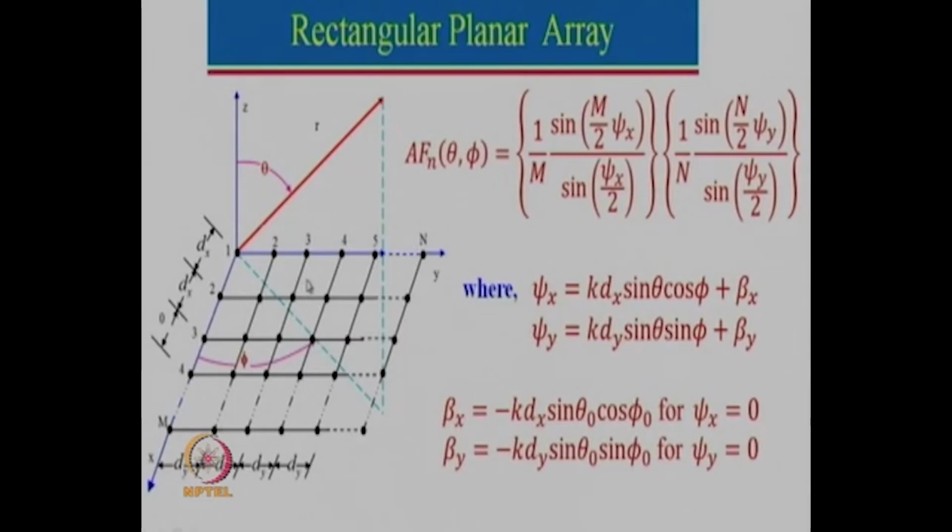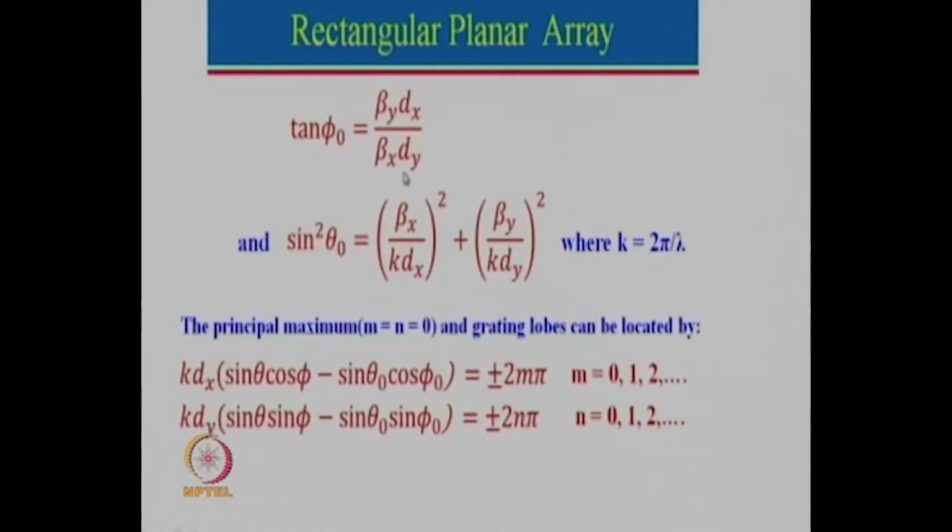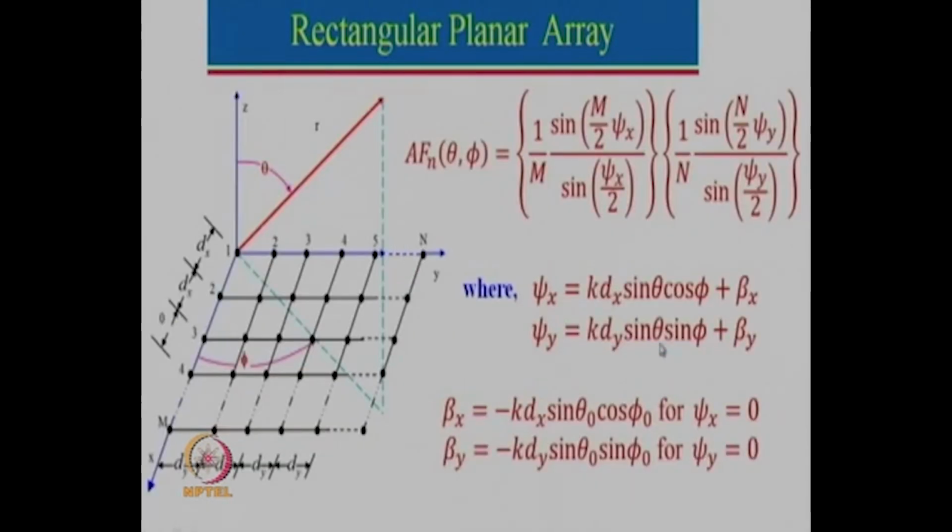So that is what the principle of the phased array is: by changing the phase of beta x and beta y, we can change the beam direction to any desired direction of theta 0 or phi 0. Now suppose beta x, beta y are given in a certain case, so in that case you can calculate tan phi 0 and theta 0 from the previous equation.